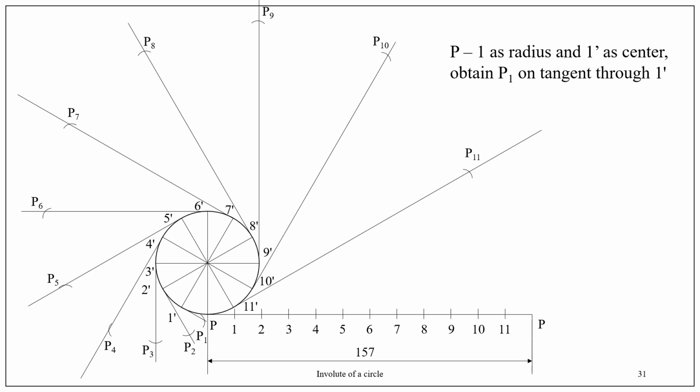So P1, P2, P3, P4 up to P11 are the intermediate points of one end of the string when it is unwound from the circle. P is the starting point and this P is the end point.